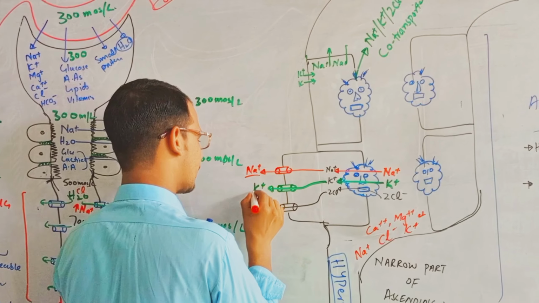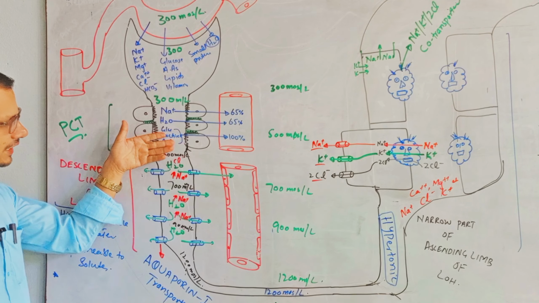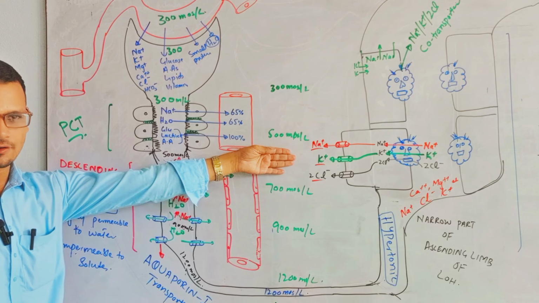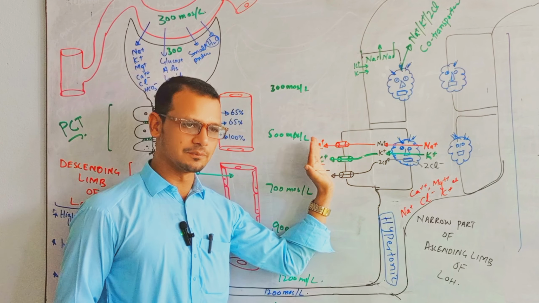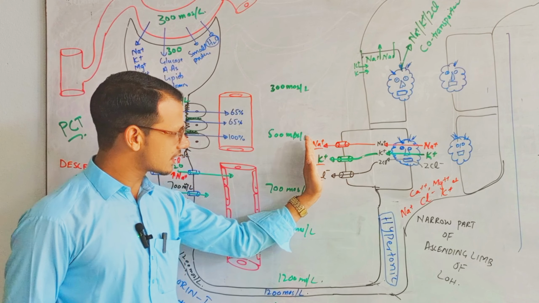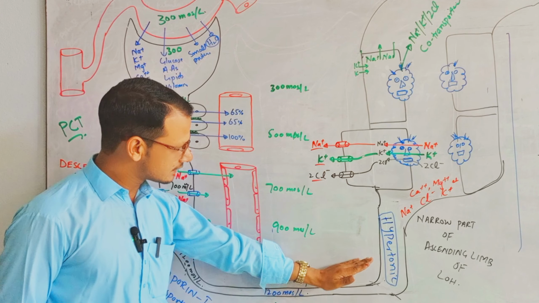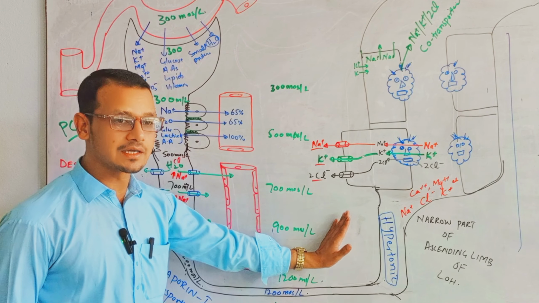Now look and listen carefully. From here, water is coming into interstitial fluids, and from here, the solutes are coming from the ascending limb. When the solutes are coming from here, the osmolality of this area will be decreasing. Why?